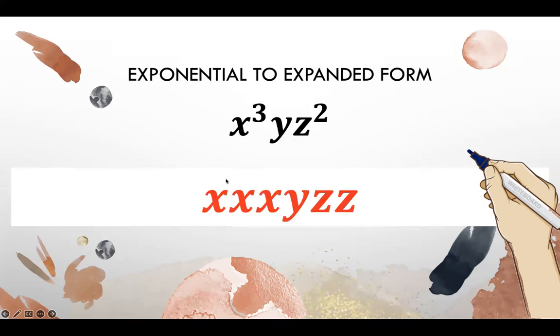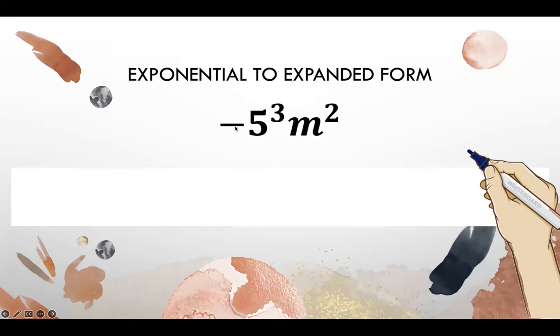Okay, so let's have another one. Negative 5 cubed m squared. Let's write this in its expanded form. You need to be careful in expanding this exponential form. So take a look at this number. Let's start with this. Is negative included in, or being raised by 3? No, right?